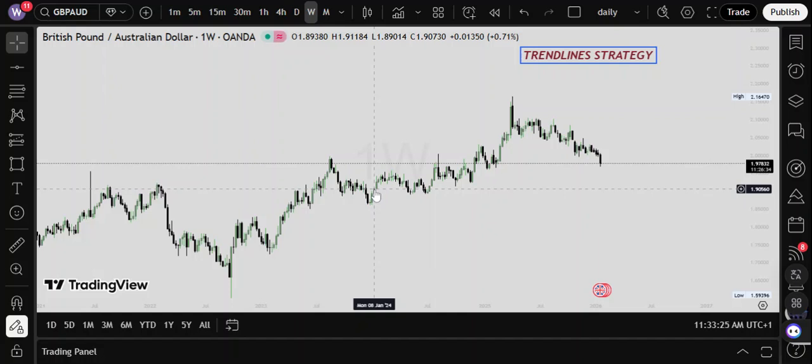Just three time frames: your trend direction time frame, your structure time frame, and your entry time frame. Let me repeat that again.